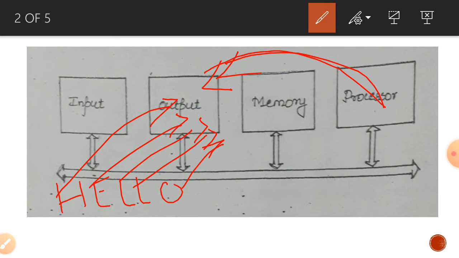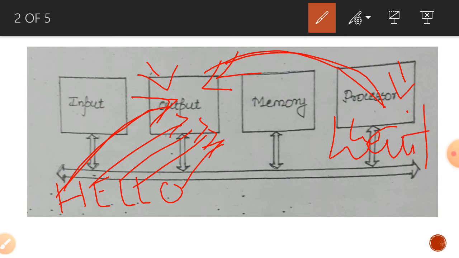Since the printer is a slow device, it receives a character and prints the character taking its own time. I already told that the output device is slow and the processor is fast. It first prints H, so the processor has to wait until the printer completes its printing.